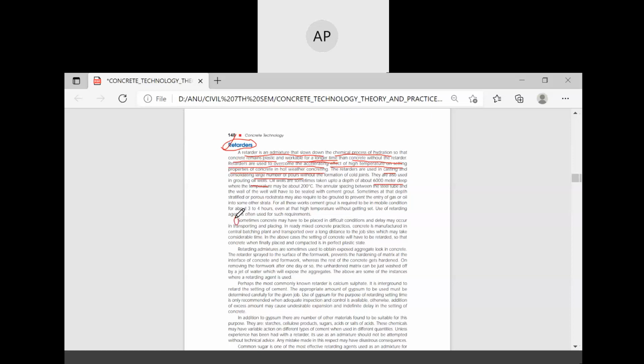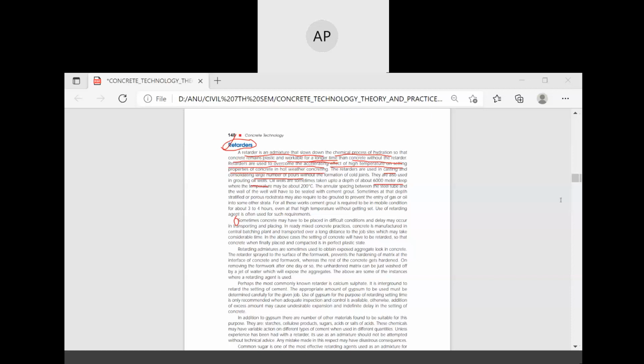Based on site condition, based on an environmental condition, we can use retarder. We have to use retarder. Suppose you are doing a concrete structure, it may be a bridge or anything, in such a situation where proper early strength is not required.